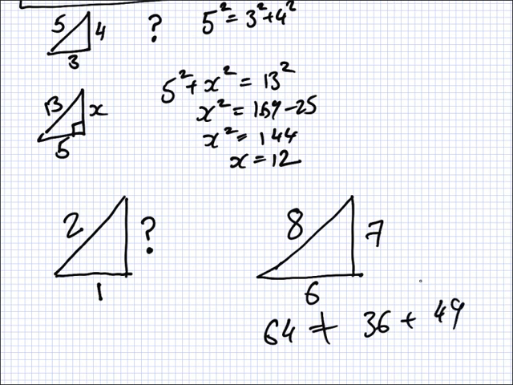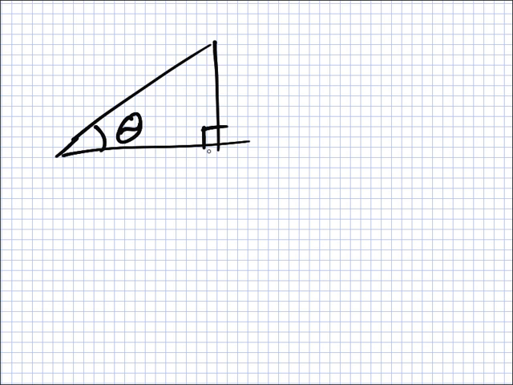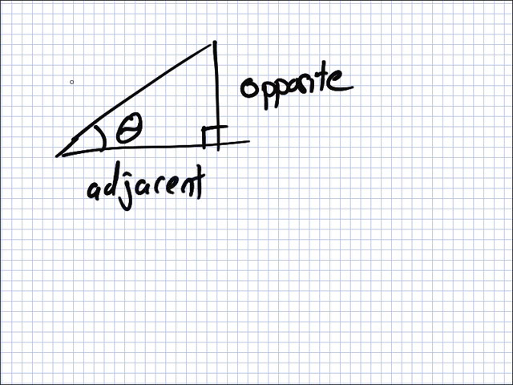Okay. Now, the next thing to have a look at is our ratios. So this angle here is theta, and each of these sides has a name. So this side, this side, and this one.